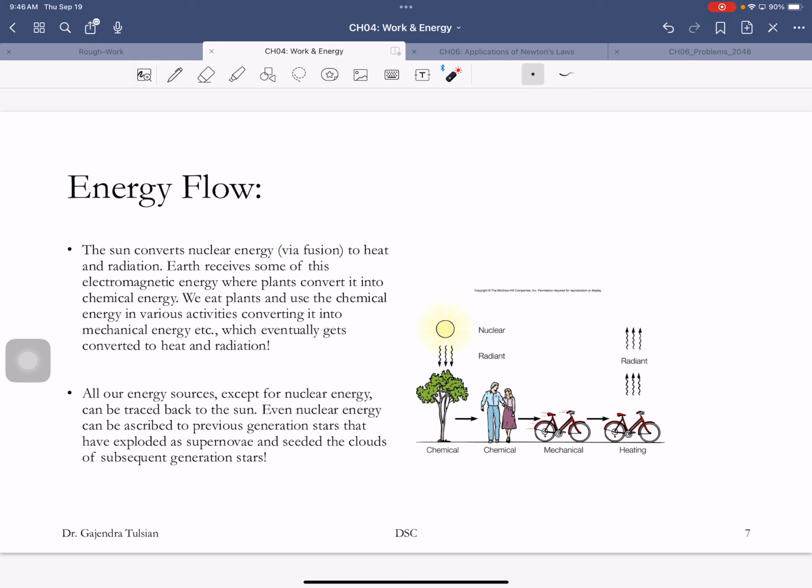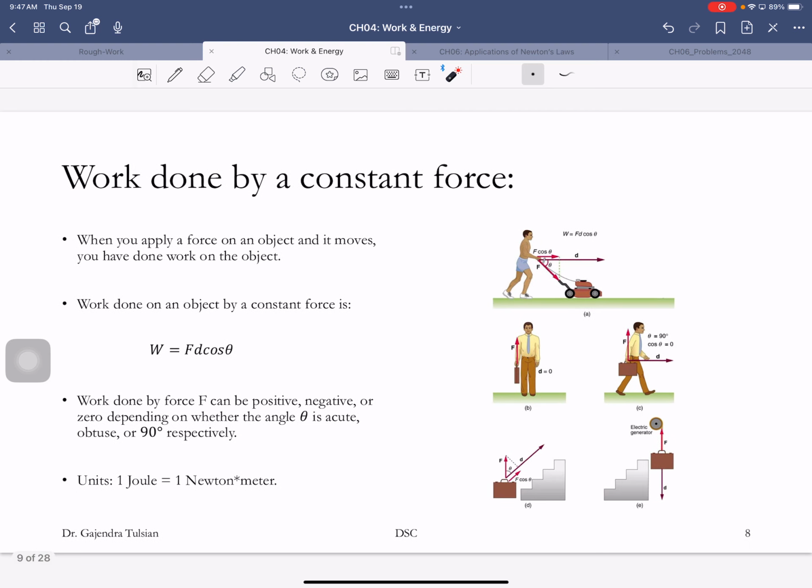We eat plants, so the chemical energy is refined, if you will, but it stays as chemical energy, and when you ride your bike, that chemical energy is converted to mechanical energy, and that mechanical energy is eventually converted to heat, which is radiated back out. So that shows you the energy flow.